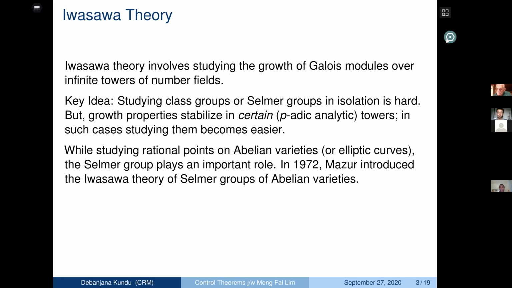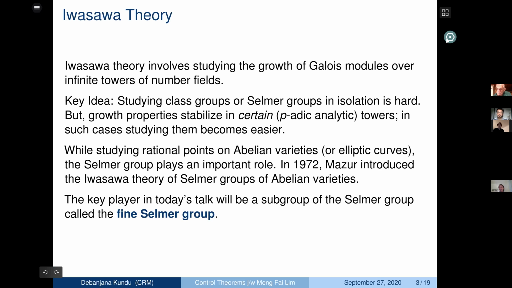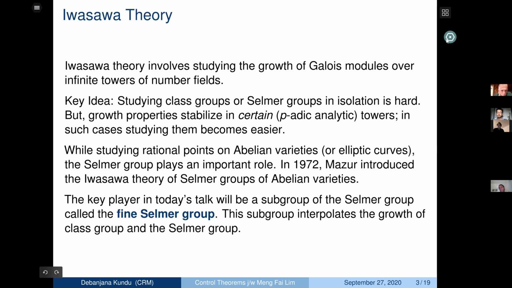I don't want to get into the details, but what was realized around 30 years after Mazur's paper was that there is a subgroup of the Selmer group, called the fine Selmer group, that has properties closer to that of the class group. There are reasons to believe that this fine Selmer group, which I will define in the next few slides, is interpolating the growth of class groups and Selmer groups in p-adic analytic towers. So this will be our main object of study today.